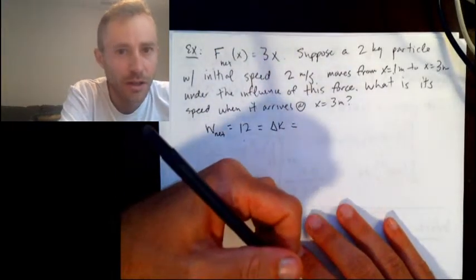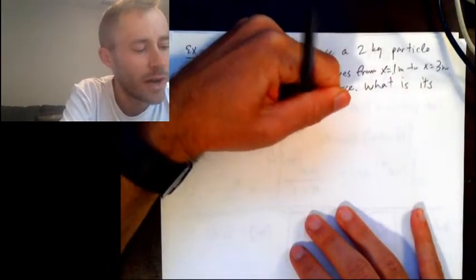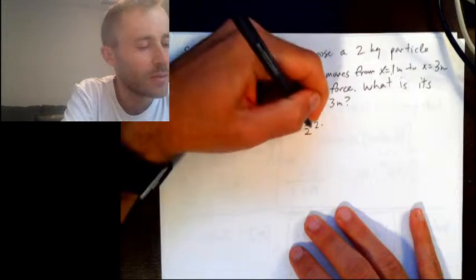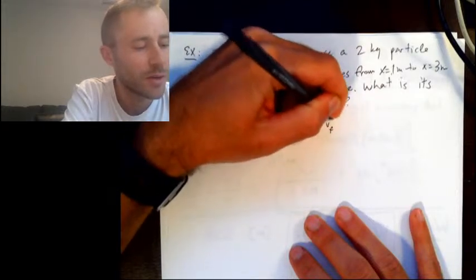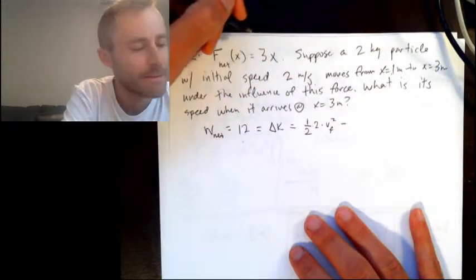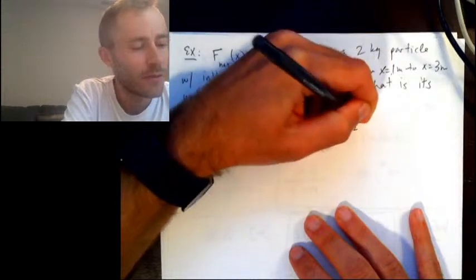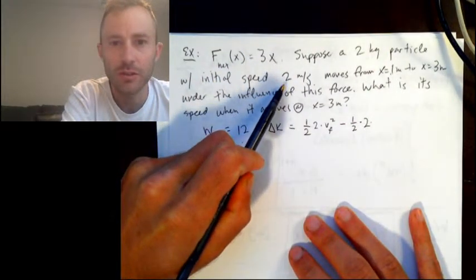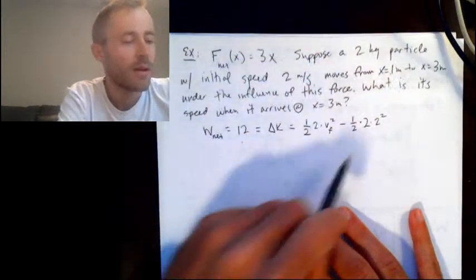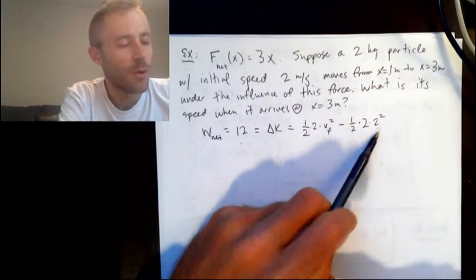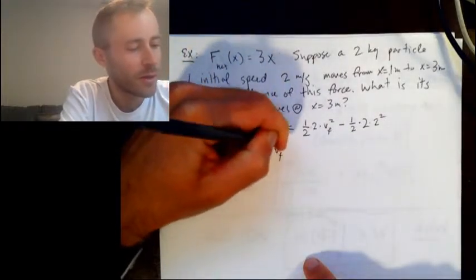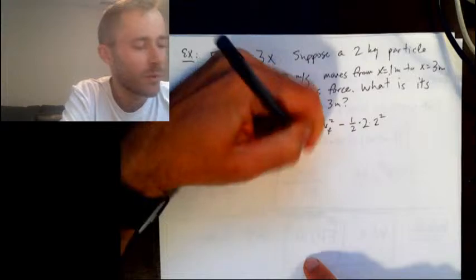So the final kinetic energy is going to be 1/2 times m, which is 2, times the final velocity squared, minus 1/2 times 2 times the initial velocity squared, which is 2 squared. So this is 4. So we have 12 equals v final squared minus 4.